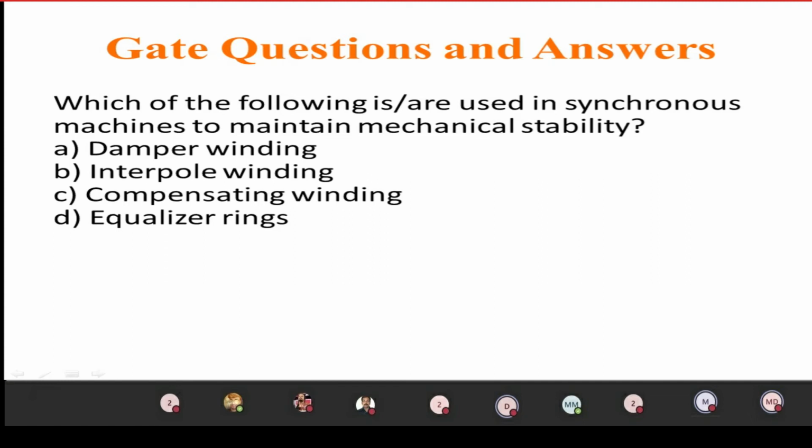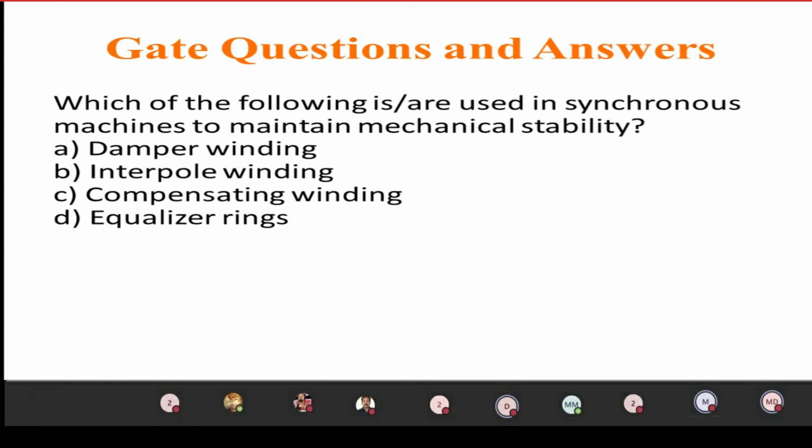That oscillation can be prevented by two methods: one is the free wheel method, and the second is damper winding. Here the damper winding is used to stabilize the speed of the generator.